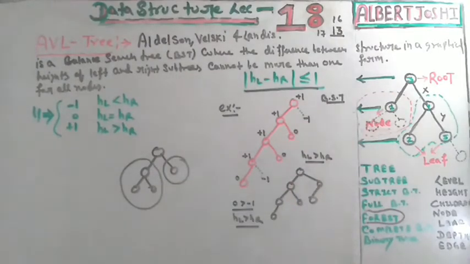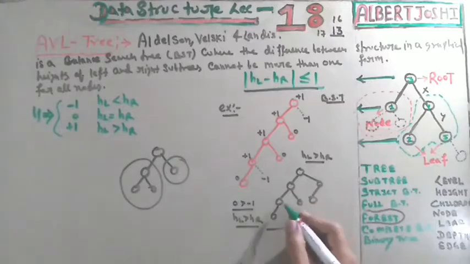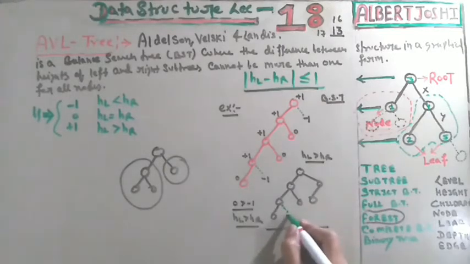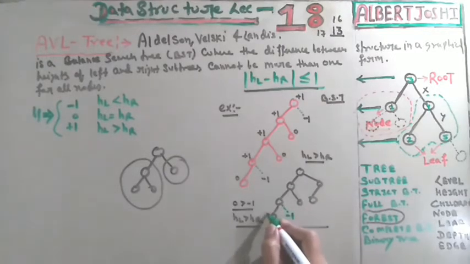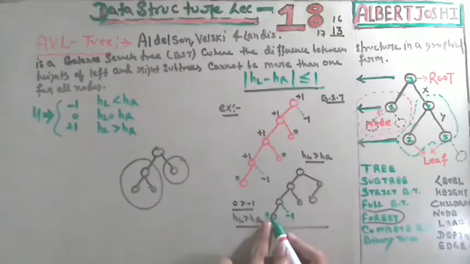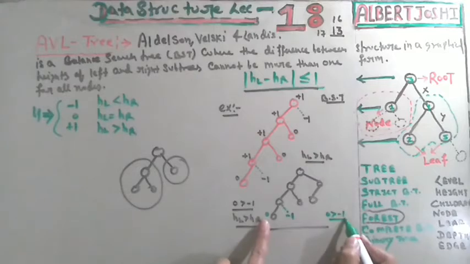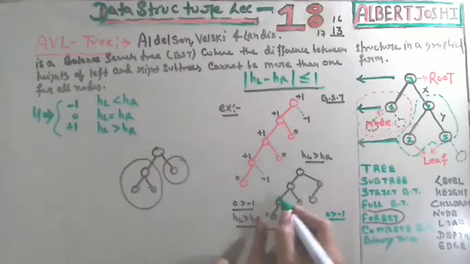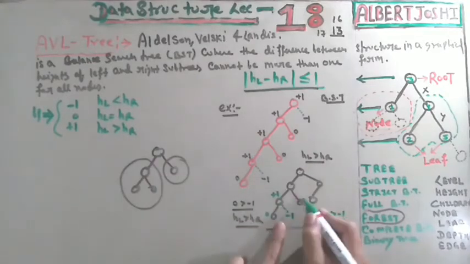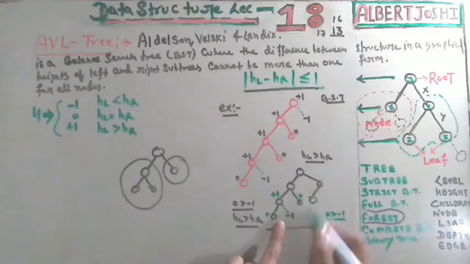This is another example. Here they have not given us a node, so this is -1. This is the leaf node and its value is 0. The left subtree height is 0 and the right subtree height is -1 because there is no leaf. So 0 is greater than -1, and in this condition your value is +1. There is a leaf node, so its value is 0.